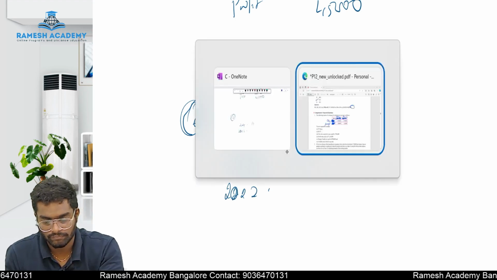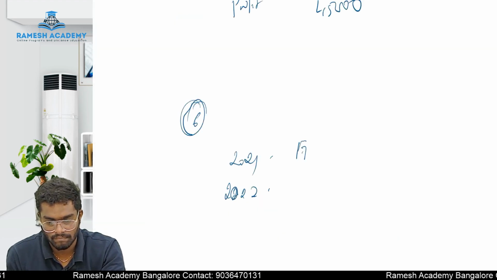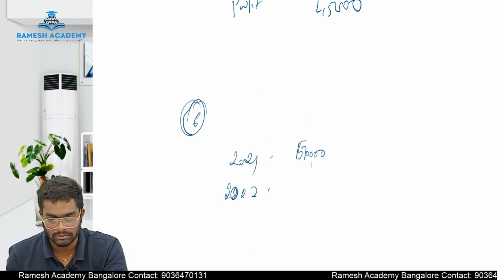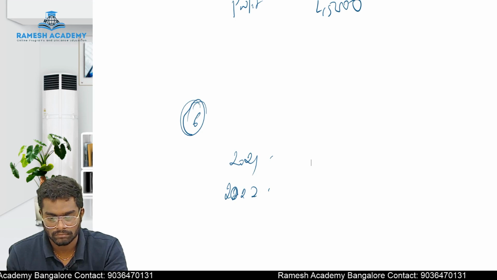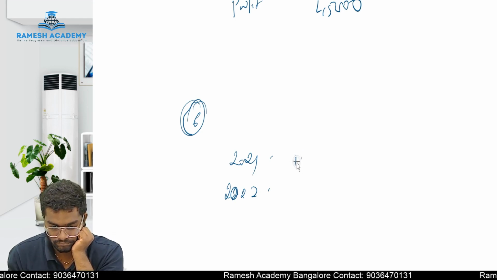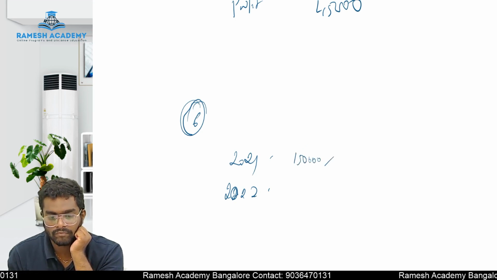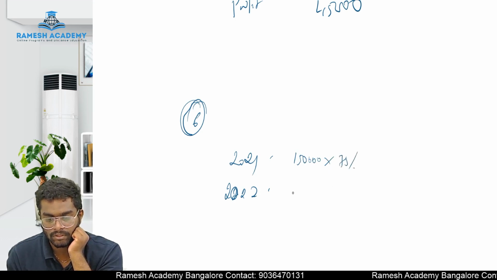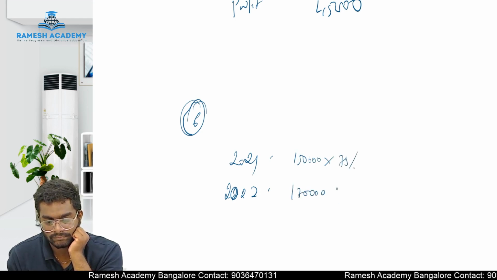One lakh 50. I'm sorry, this looks different. One lakh 50 into 75%. 1 lakh 70 into 75% will be my variable cost.